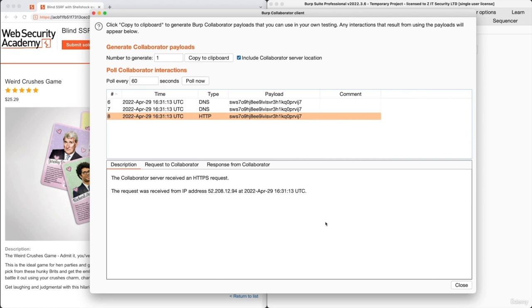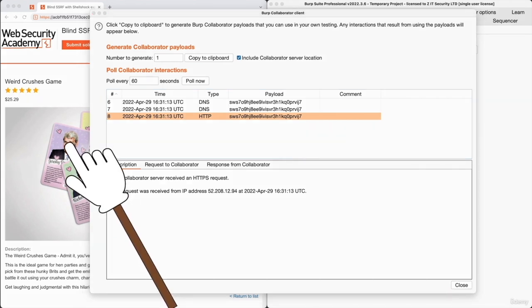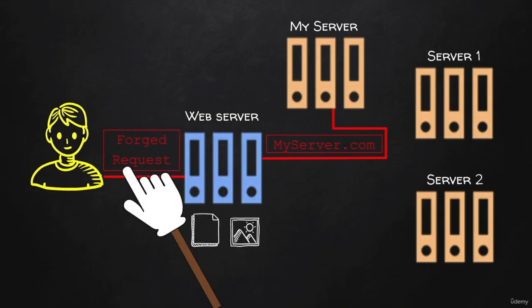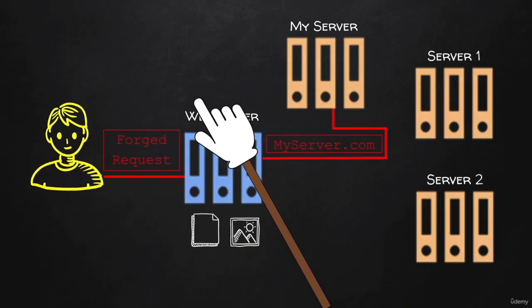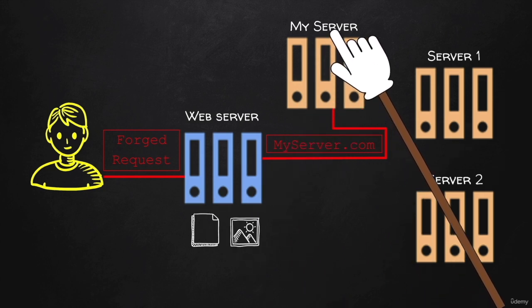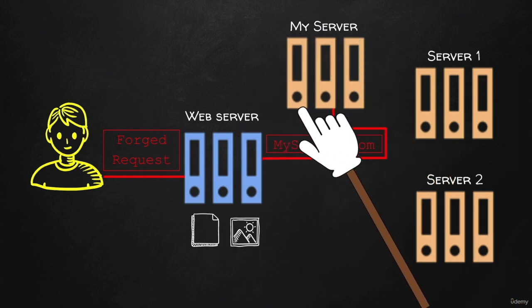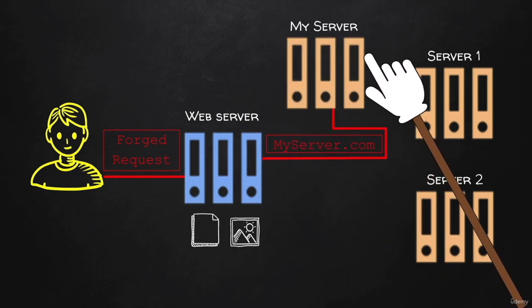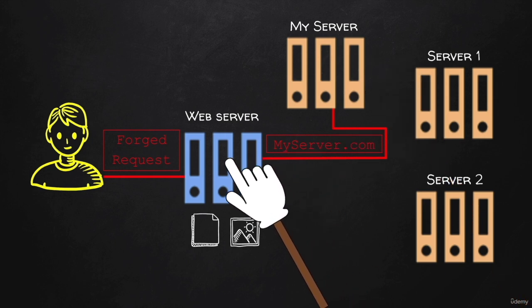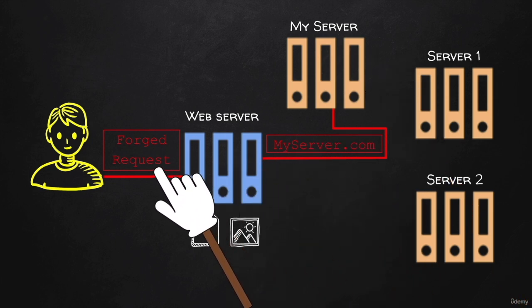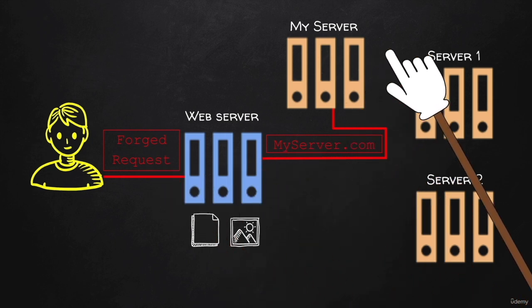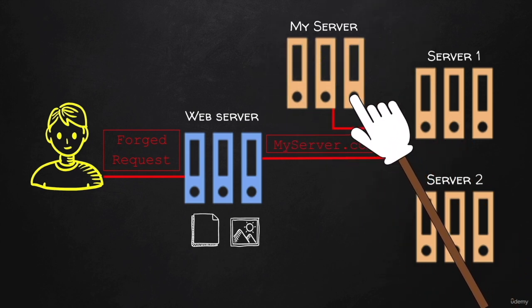This indicates that this web application is vulnerable to server-side request forgery, because we sent it a forged request to send another request to my web server. Then I checked the logs of my web server and noticed that this web application did fulfill my forged request and sent the request to the forged server.